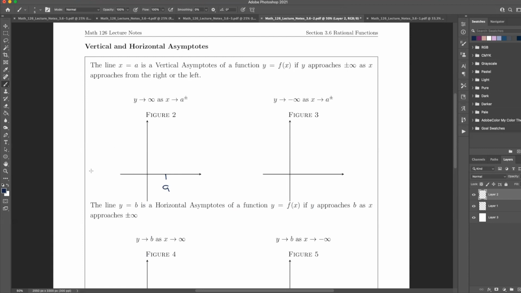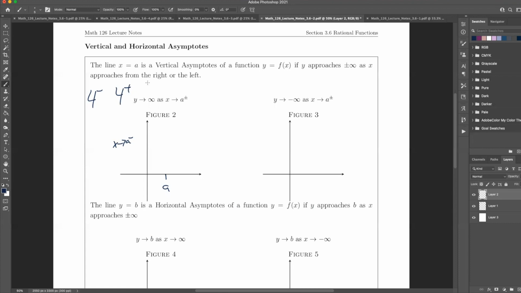If y goes to infinity, what it means is, as x approaches a negative, y goes to this. So a could be like 4. As x goes to 4, we write it like this, 4 negative, and then we'll write this as 4 positive.